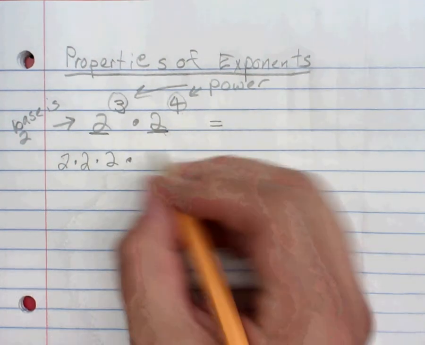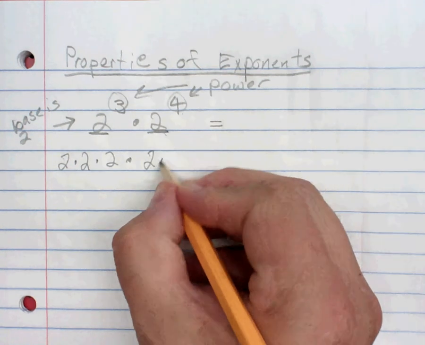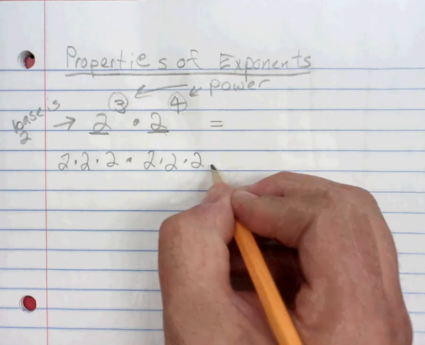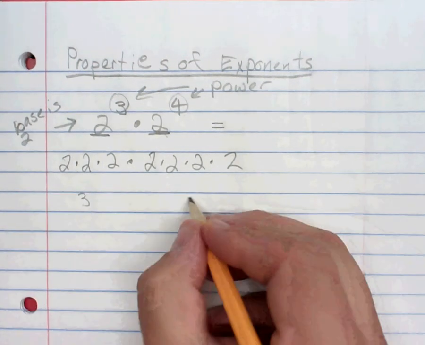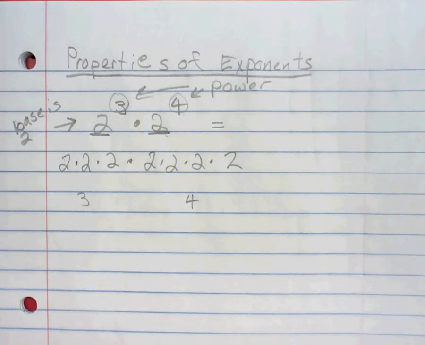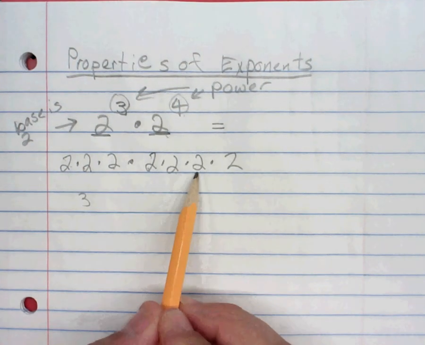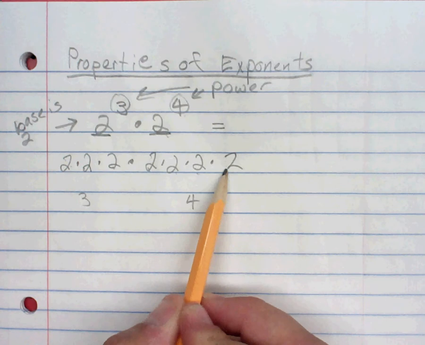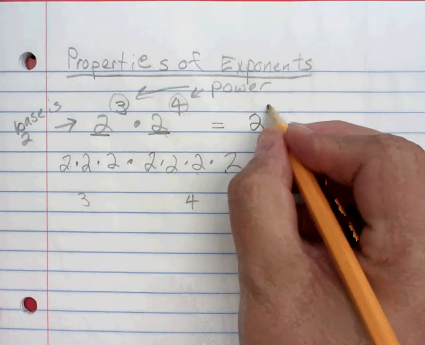So I'm saying 2 times 2 times 2 times 2 times 2 times 2 times 2, right? So here I've got 3 times, here I've got 4 times. How many times am I multiplying 2 by itself total? 1, 2, 3, 4, 5, 6, 7. So whatever the answer is, isn't it the same as 2 to the 7?